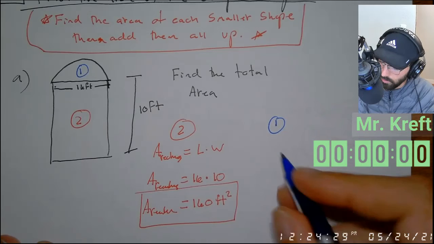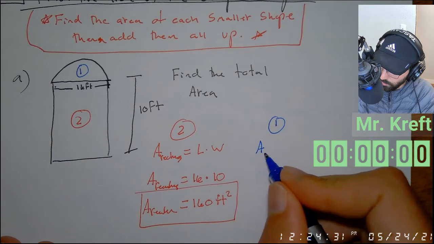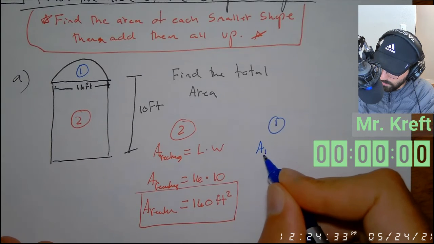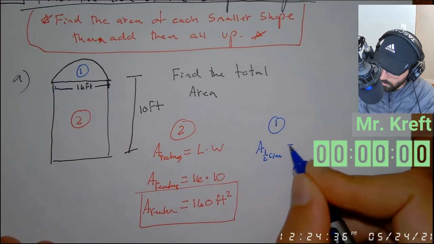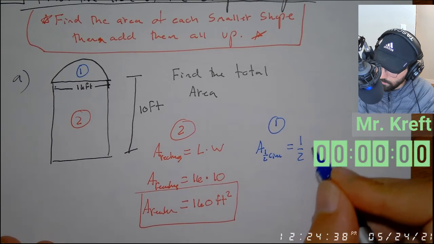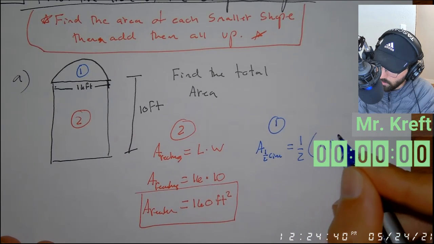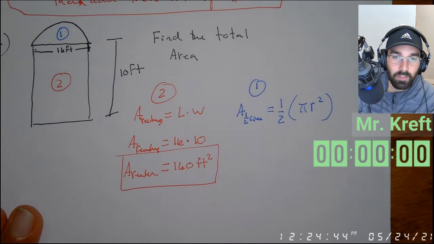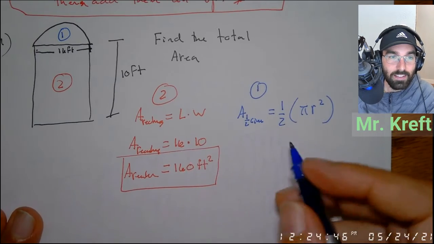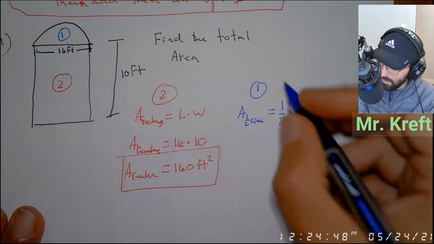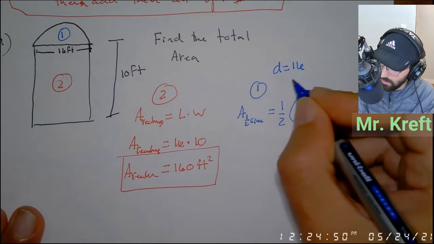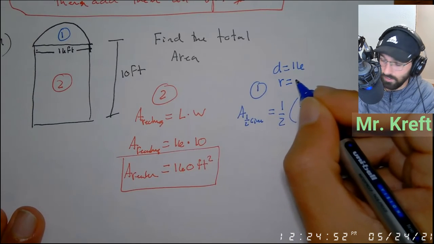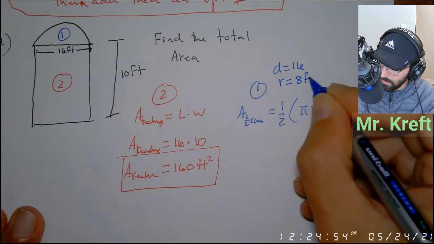Now, the area of the half circle. It's half a circle, so it's going to be 1/2 pi r squared. Someone pointed out that they don't give us the radius. They give us d equals 16. So that means the radius is going to equal 8 feet.